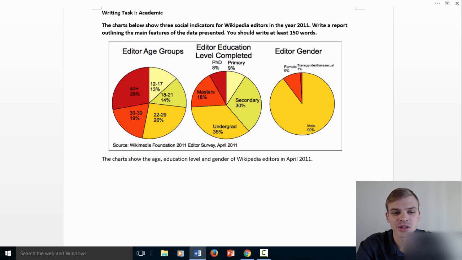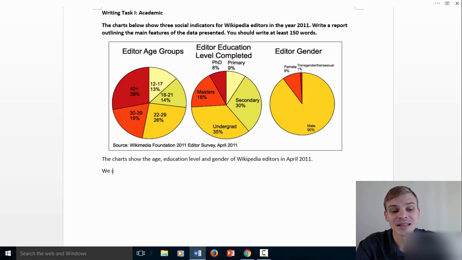Okay, so I'm looking at these charts here, taking it in. Rather fascinating. I actually love looking at charts and graphs. This is a pie chart. They're a lot of fun. And I love Wikipedia too, so maybe that's why I chose this graphic. So what can we see? That's a great way to start.